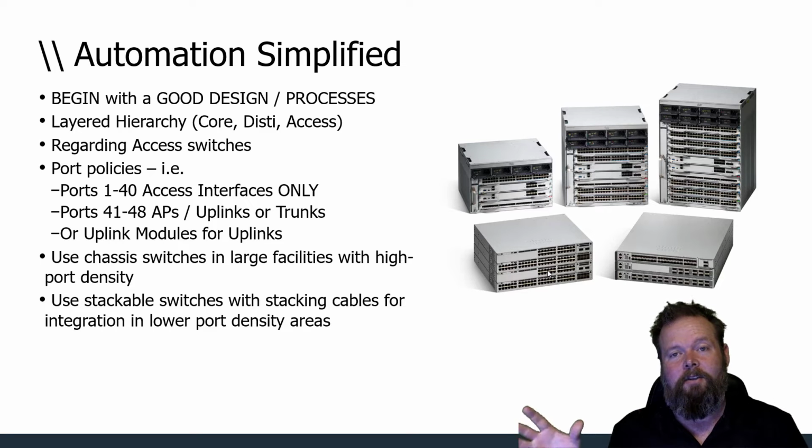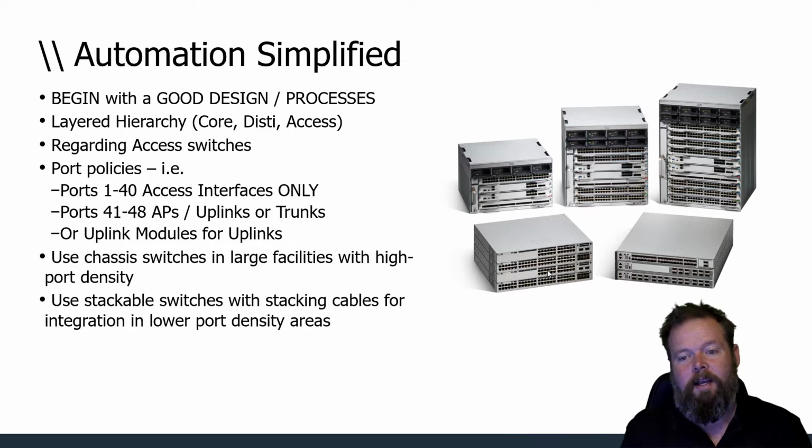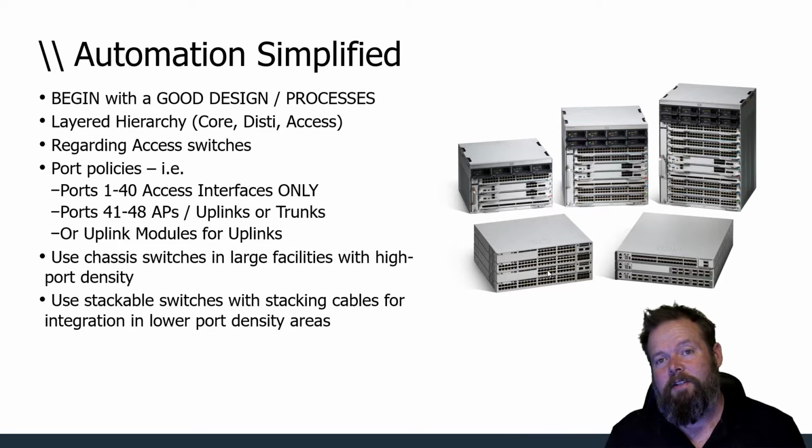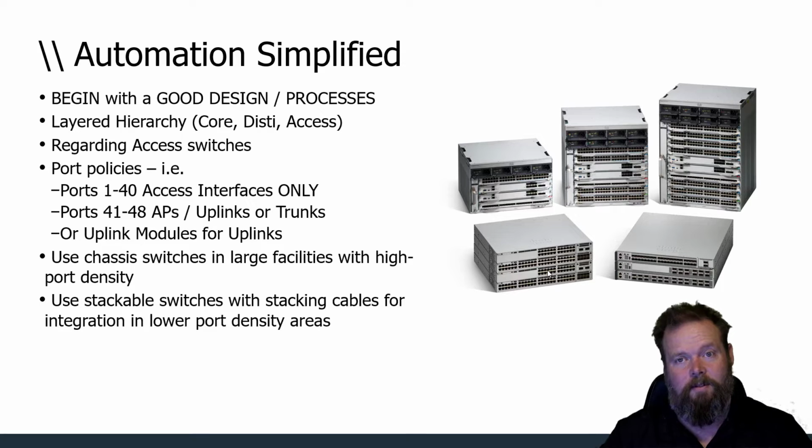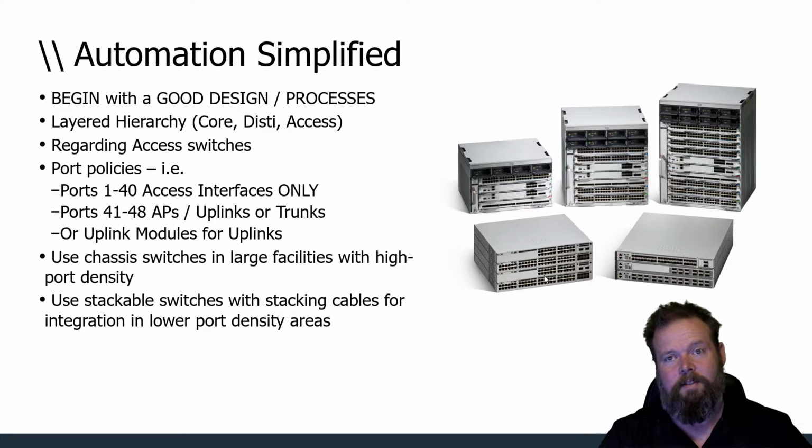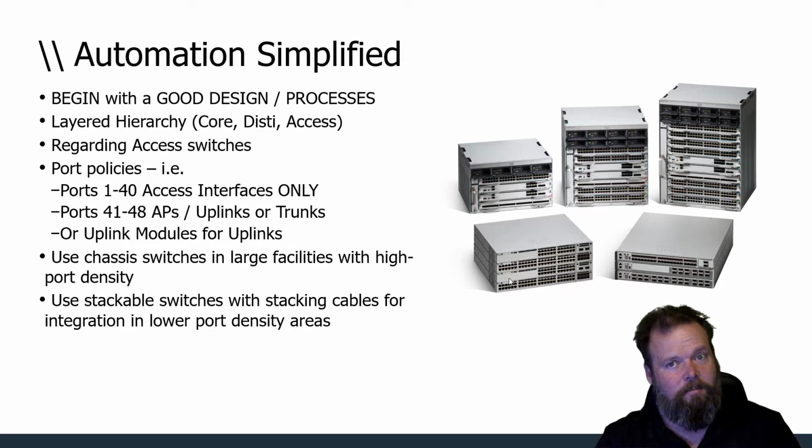We used all that great design concept. But did we ever take the time to say, on an access switch, all the access ports are only going to be used for network access, meaning endpoints, okay, or users? But I'm not going to use any of my access ports for things like trunks or uplinks or server connections or switch connections, right? Did you put anything in place like that?